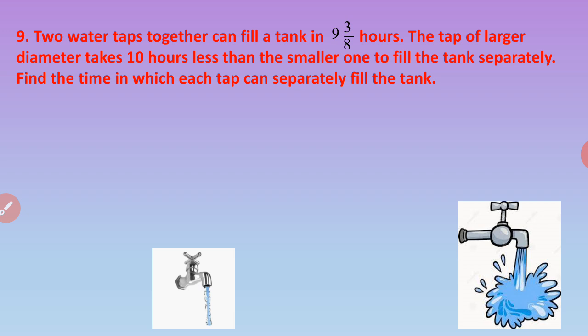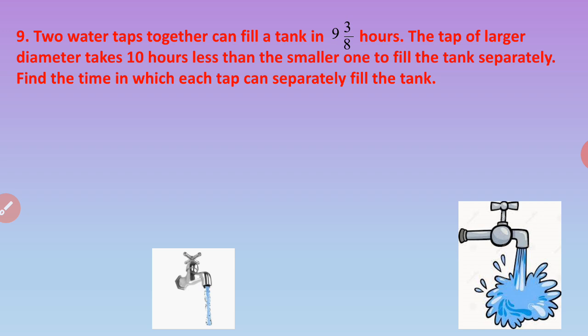Now, it is being told that there are two taps, one having a larger diameter, the other with a smaller diameter. If you think, you will understand that the tap with the larger diameter will be pouring more water in the same time and the tank will fill faster.